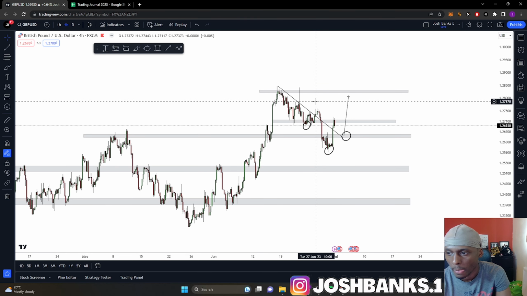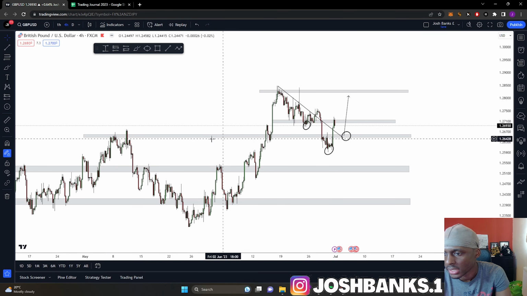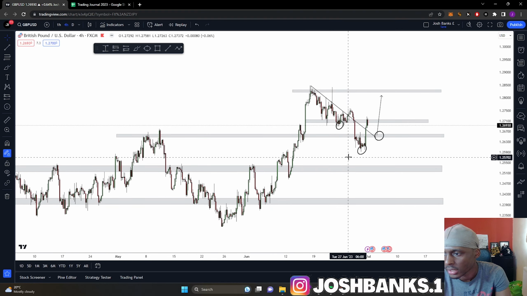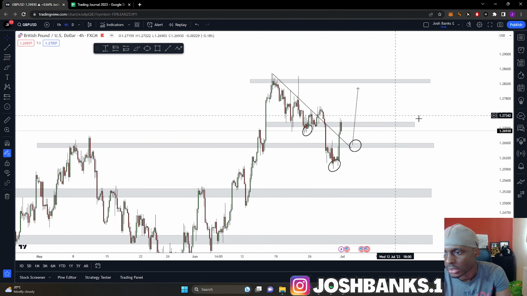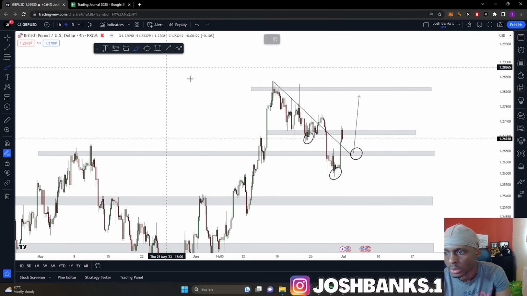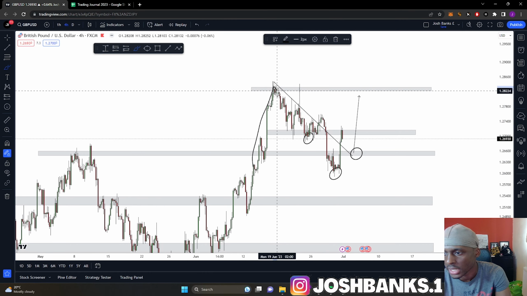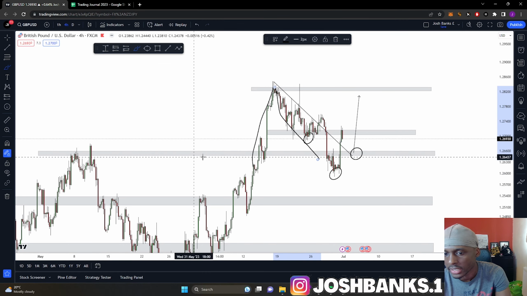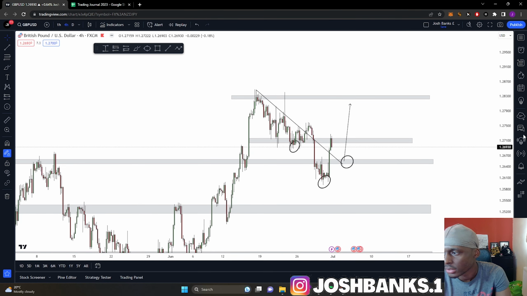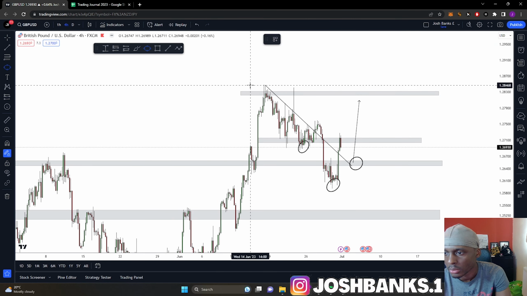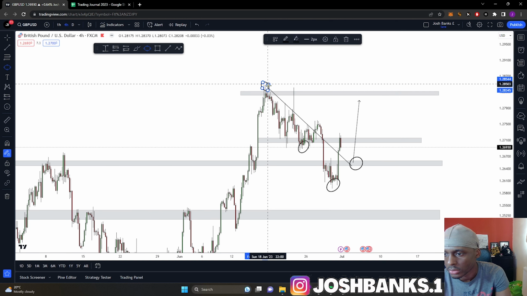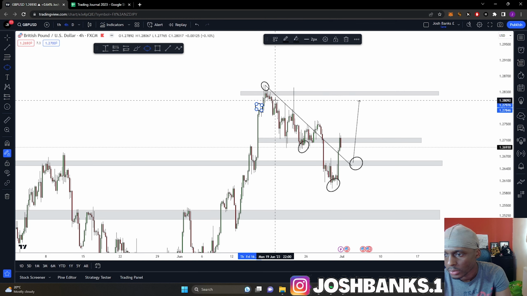So let's see what's happening now. Last week I was even saying this: since it had that push up, I was anticipating the push back down into this level of support. First telltale signs that it was going to happen, we had this little reverse head and shoulder here.